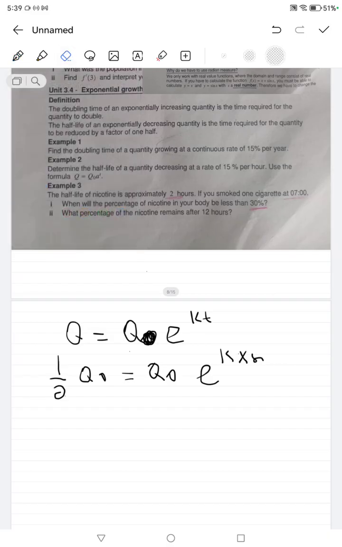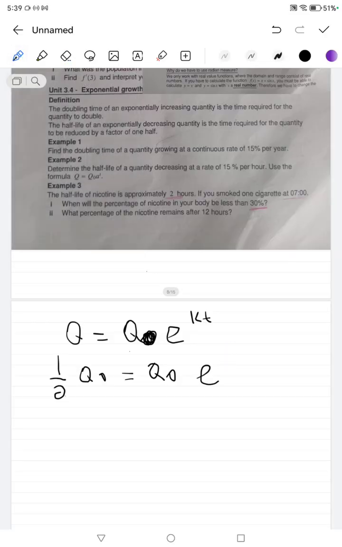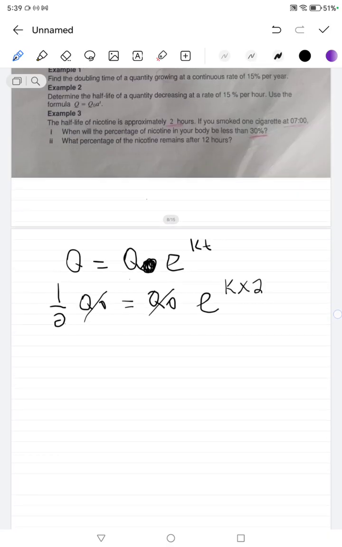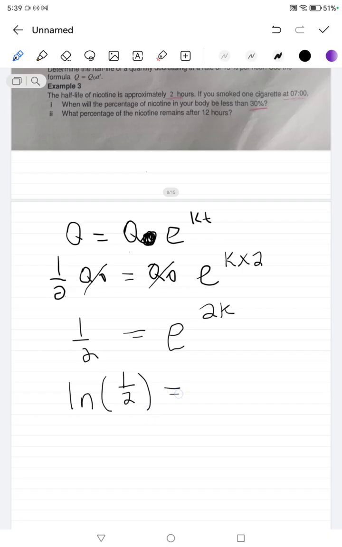Let's do this. We have k multiplied by that 2 hours that's given. The Q0 and Q0 will just cancel one another. Now we're left with 1 over 2 equals e to the exponent 2k. Then we introduce ln of 1 over 2, which is the same as ln of e to the exponent 2k.